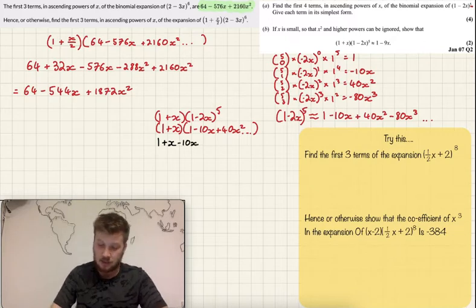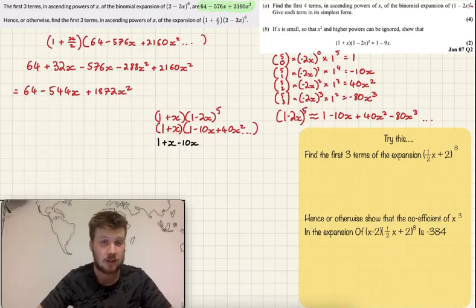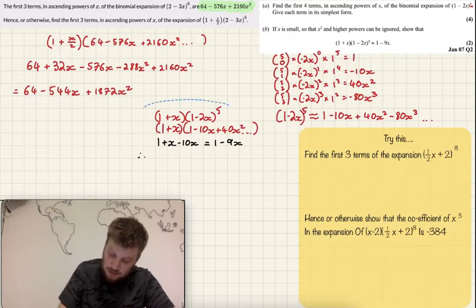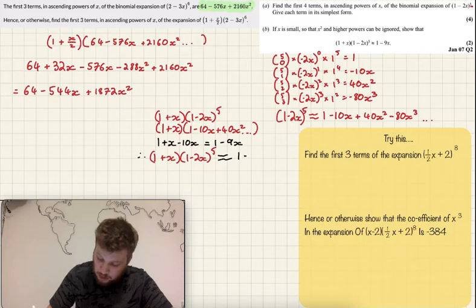And then if I carried on and looked at x multiplied by negative 10x, that's going to give me an x squared term, which obviously, like I said earlier, we don't need. So all I need to do is rewrite this as 1 minus 9x. And therefore, I can say that this expansion up to the powers of x squared is approximately equal to 1 minus 9x as required.